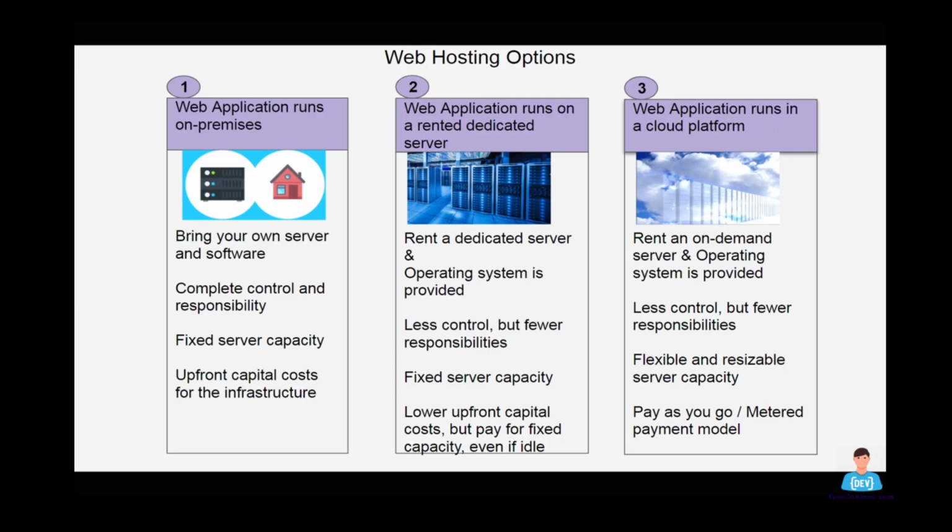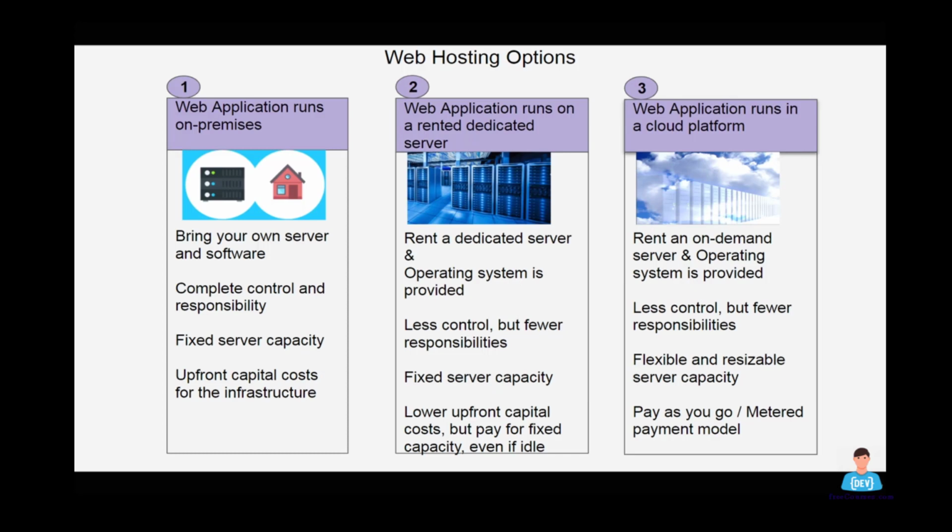And again, here you get fixed server capacity. So that means if you sign a contract for 20 gigabytes of server storage capacity, then you get 20 gigabytes. If you want more, then you need to cancel that contract first, and then sign a new contract for that increased storage capacity.